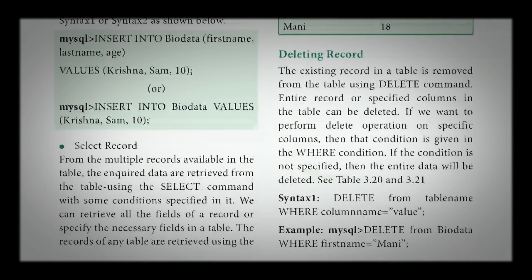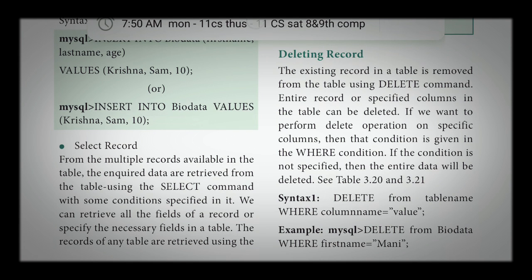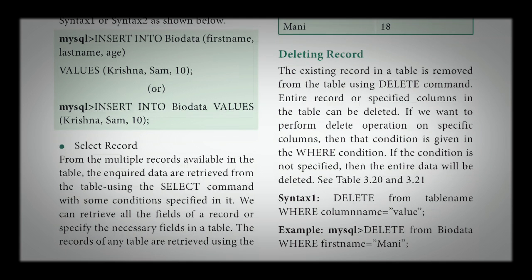If you want to see a particular age, from 10 to 20, then you will give select star from biodata where age is equal to 10, or where age is in between 10 to 20.